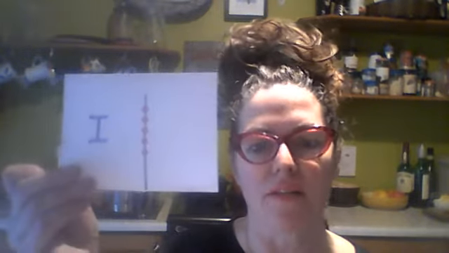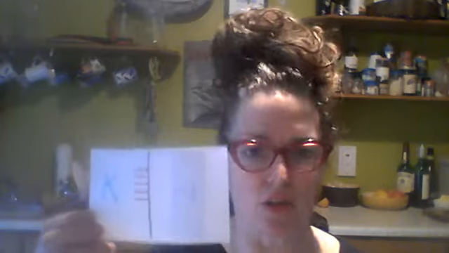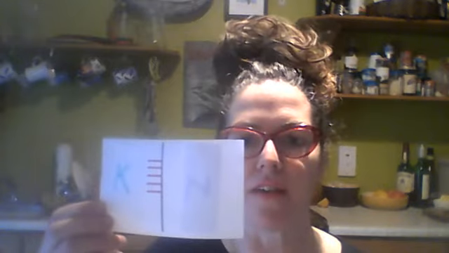I, again another vowel, is 5 notches or 5 lines. Now, we don't have a J in Irish. K, we don't have a K in the modern language, and this is really just to represent the K sound. That is 5 lines to the left.